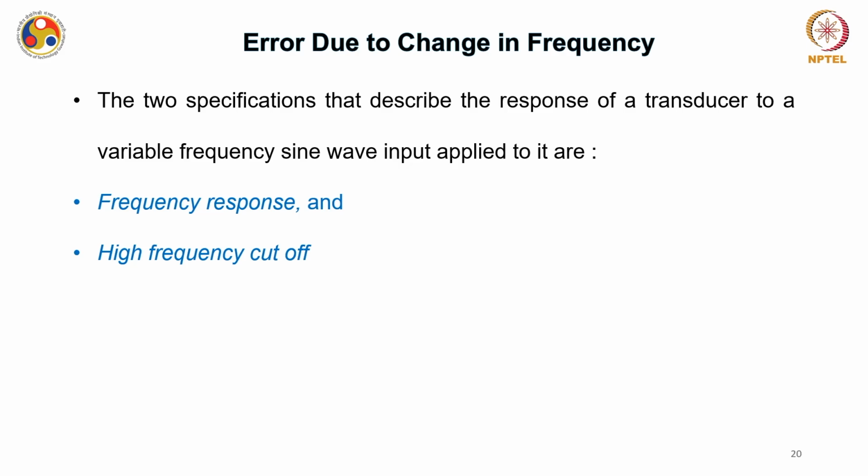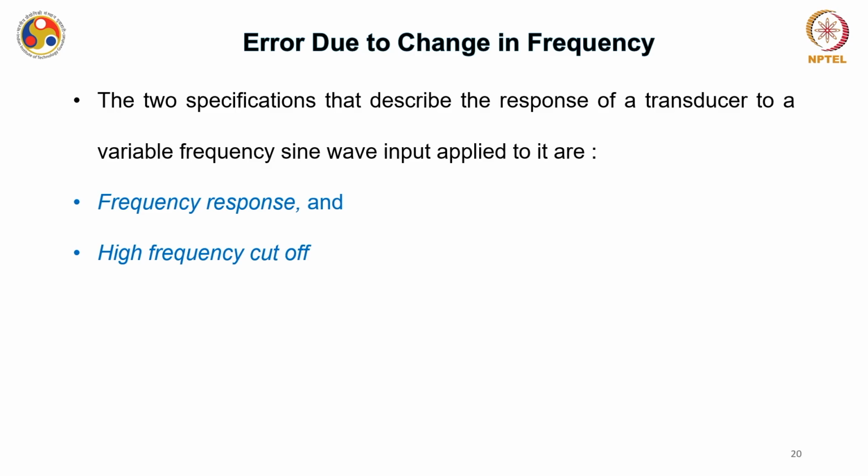Fine. So these are the generic errors in a transducer, but we also have to see other ways errors can arise in a transducer, particularly from the user point of view. Sometimes we also want to see how the transducer behaves with frequency, and that is where we have to understand the errors due to changes in the frequency of operation of the transducer.